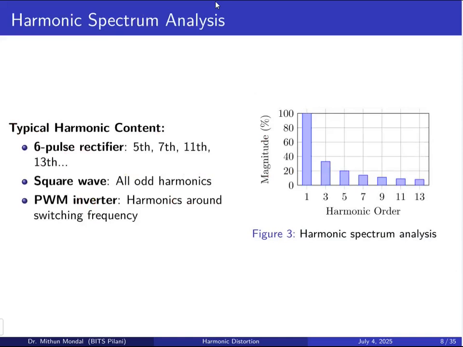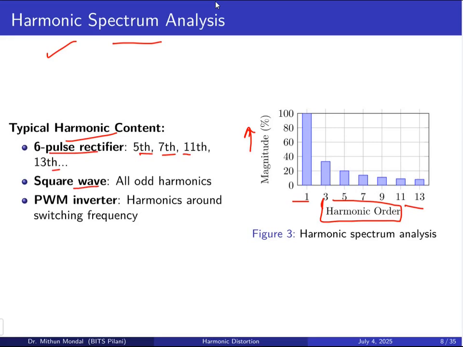If we do the spectrum analysis of these harmonics with the harmonic order varying from 1 to 13 and try to find the magnitude, we can say that the typical harmonic content for a 6 pulse rectifier has the odd harmonics 5, 7, 11, and 13.